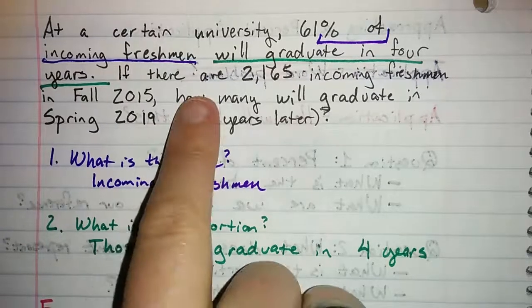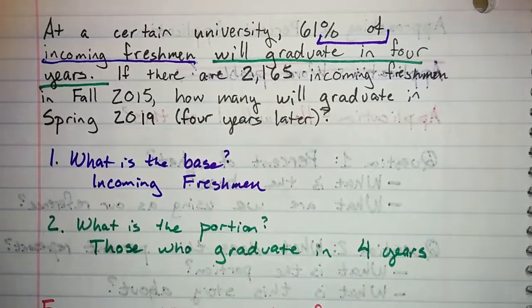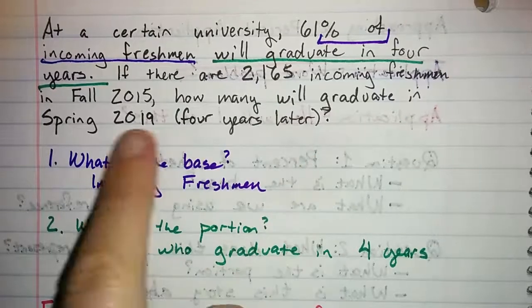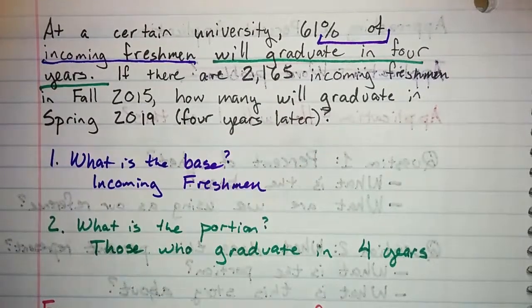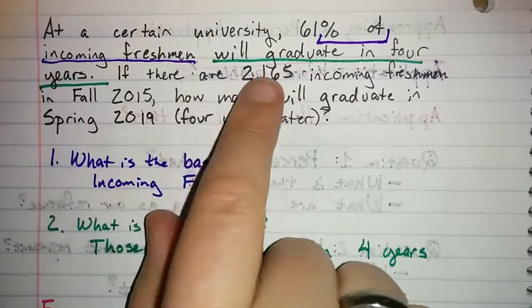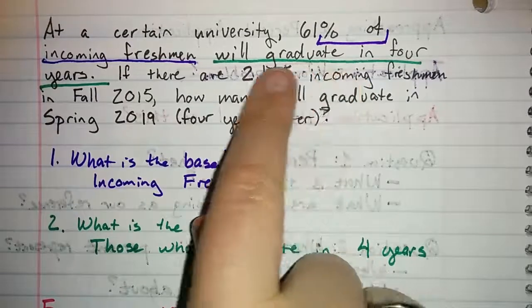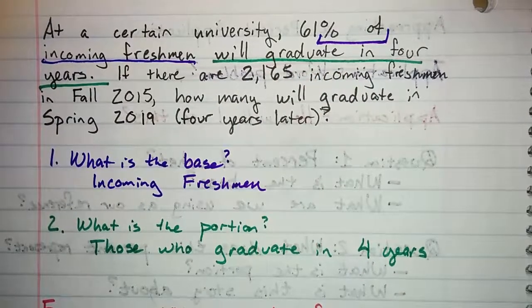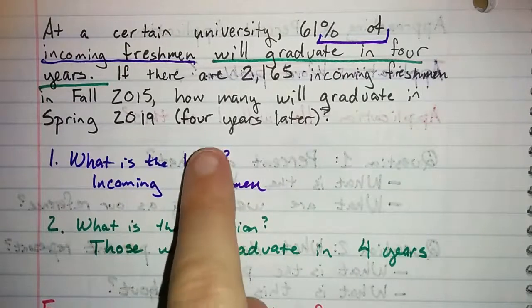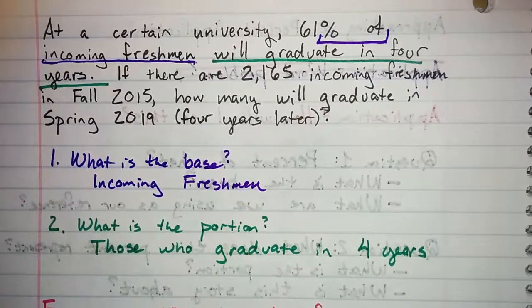So this says there are 2,165 incoming freshmen in fall 2015. And we want to know how many will graduate in spring 2019, which is 4 years later. That is, of the 2,165 incoming freshmen, how many will graduate in 4 years? Now we're ready to assign numbers to the base and the portion.